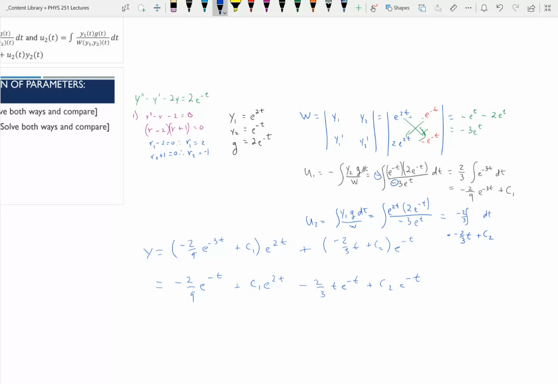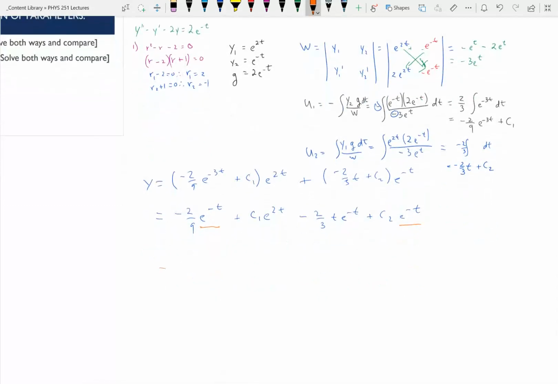Rearrange it, yes, but I'm also going to contract it. If I were to factor, I'd have e to the minus t plus some random constant minus 2/9. Obviously, I can absorb the 2/9. That's what I meant by contracted. That constant can absorb the 2/9. So this is equal to c1 e to the 2t plus c2 e to the minus t minus 2/3 t e to the minus t.